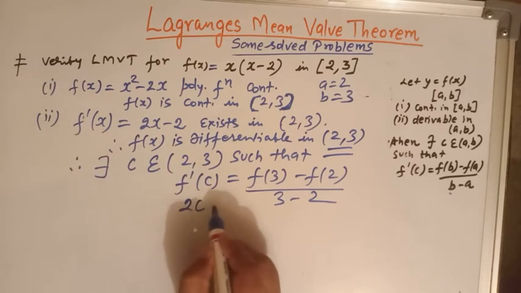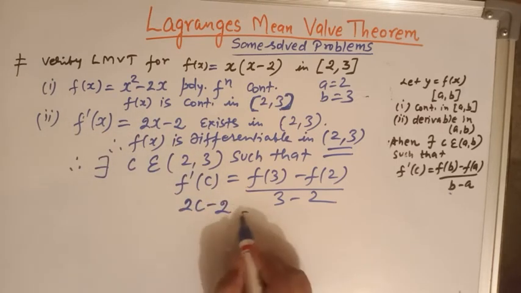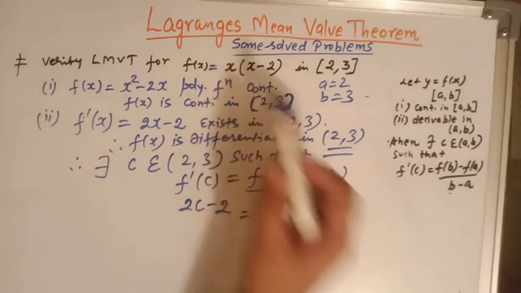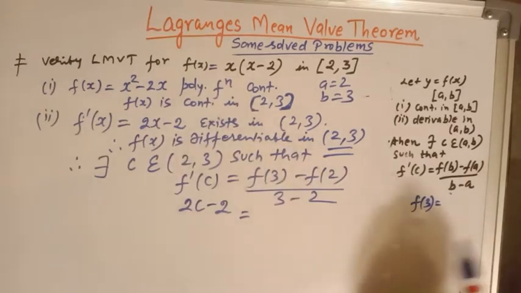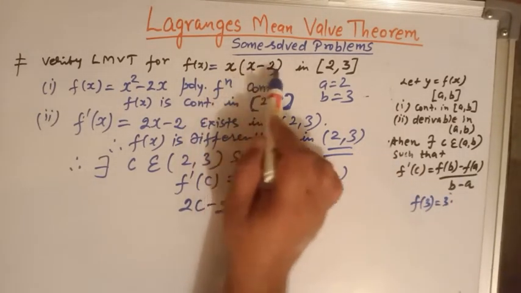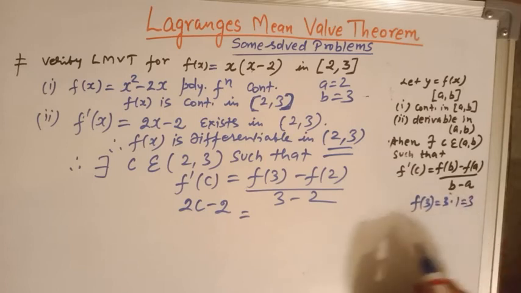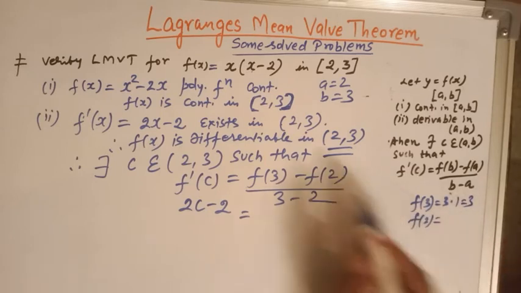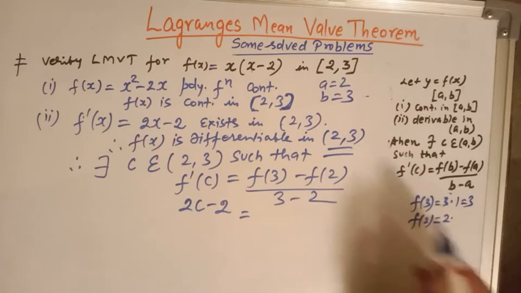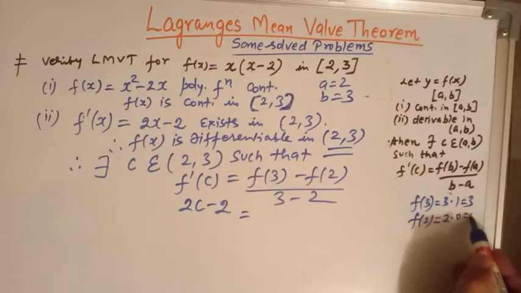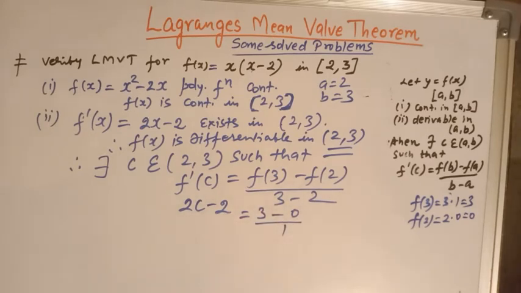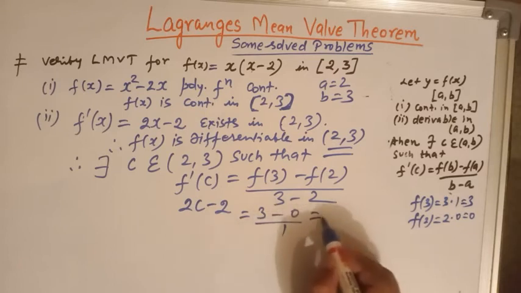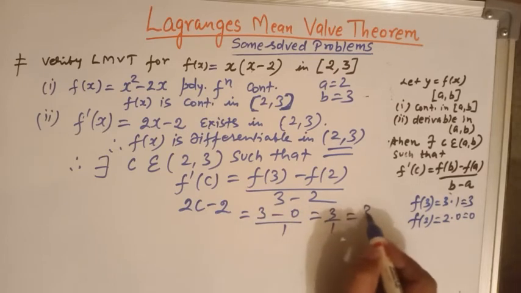So we have 2c minus 2 is equal to f(3) minus f(2) over 3 minus 2. Here we can find f(3) is 3 times (3 minus 2), that is 1, so it is 3. And f(2) is 2 times (2 minus 2), 0, so it is 0. Clear? So 3 minus 0 is 3, 3 over 1, which is equal to 3.